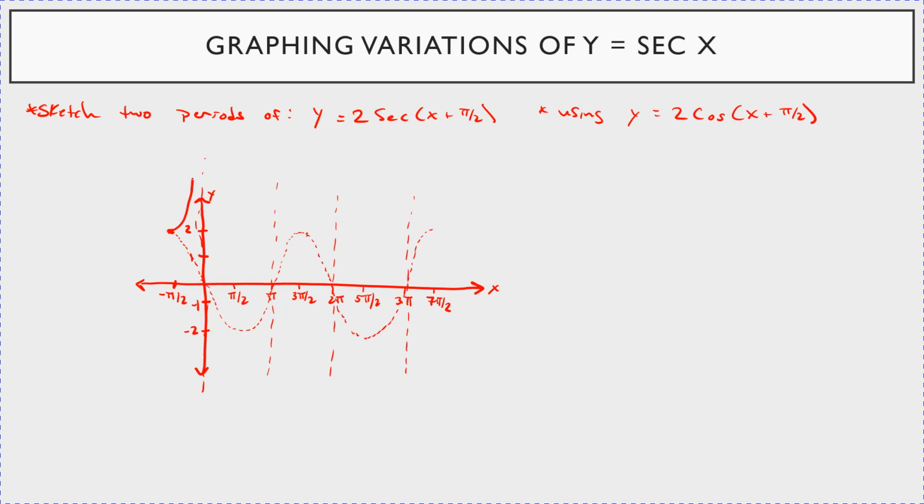High point here, butt up against the vertical asymptote. Low point here, butt down against both vertical asymptotes. High point up here, butt up against both vertical asymptotes. Low point here, butt up against both vertical asymptotes. And then here, boom, butt up against the vertical asymptote. And we got it. So again, as you can see, the key here is to graph cosine and sine first. And then once you do that, you can use the pattern I've illustrated here to help you sketch these graphs.